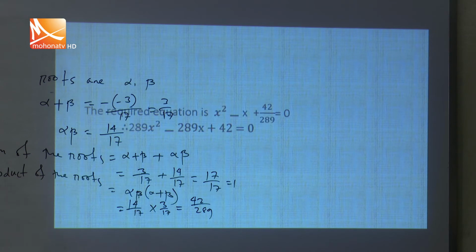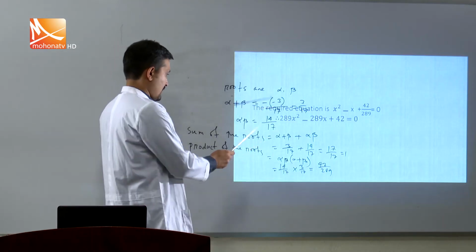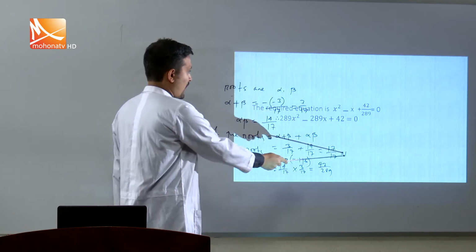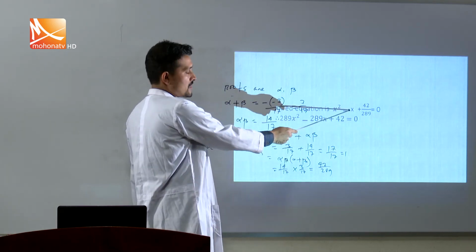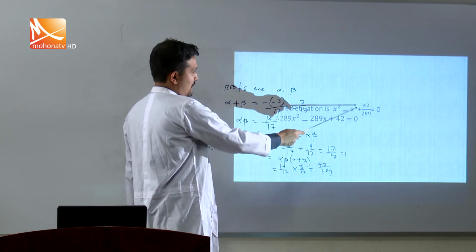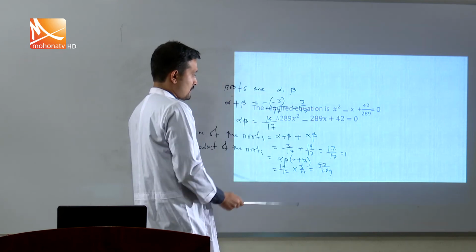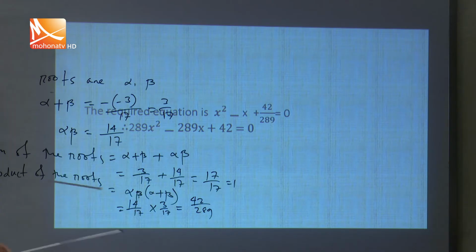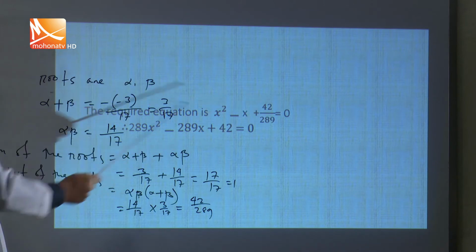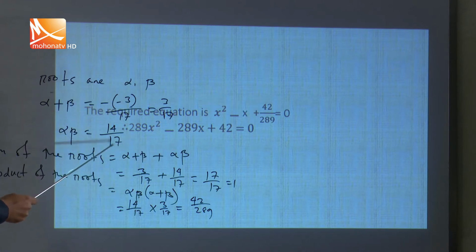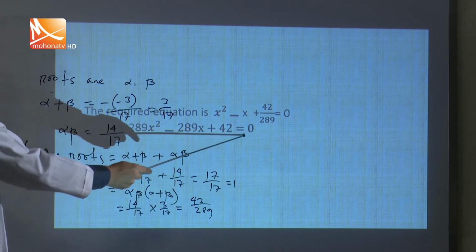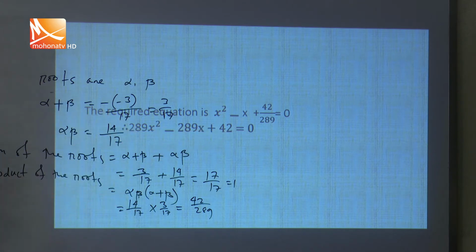The required equation is x square minus 1 into x, that means x, plus product of the roots 42 by 289. Taking LCM 289, we get 289 x square minus 289 x plus 42. This is the required quadratic equation.